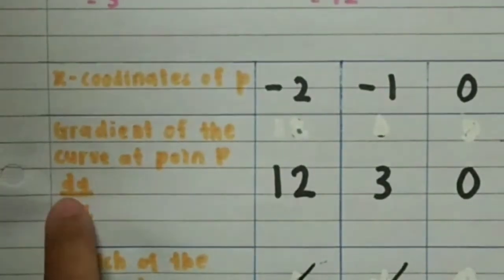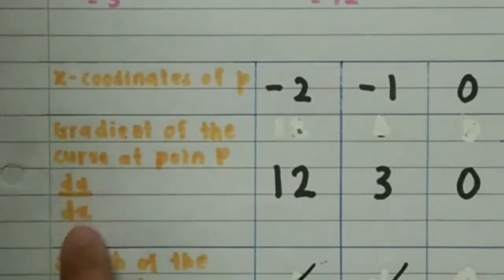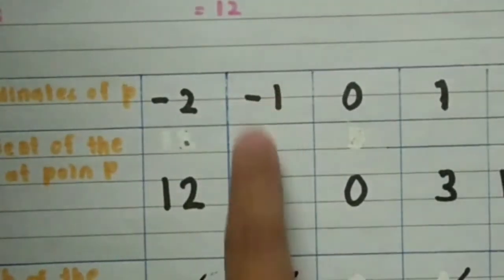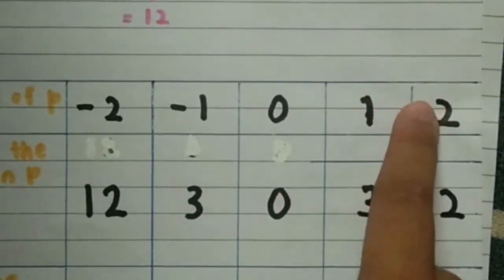So the gradient of the curve at point P, dy over dx, is 12 for -2, 3 for -1, 0 for 0, 3 for 1, and 12 for 2.